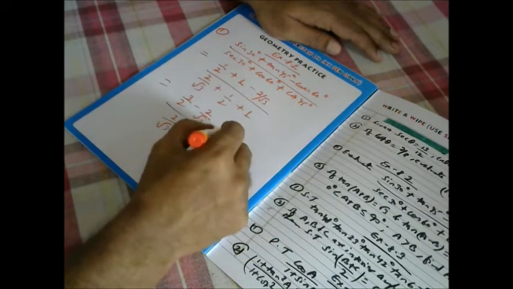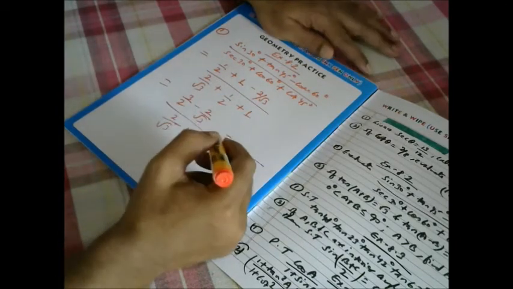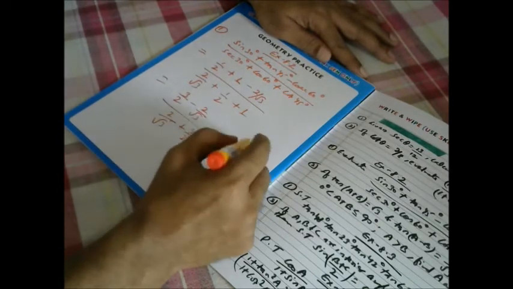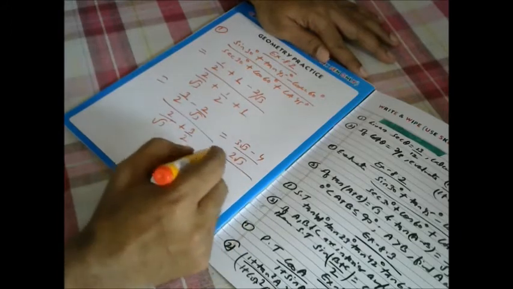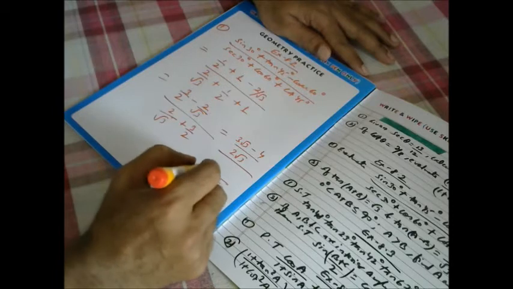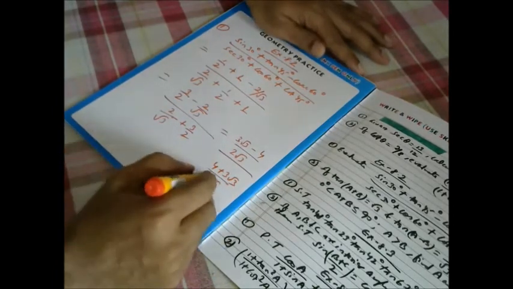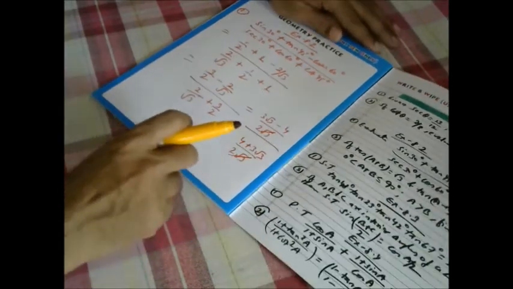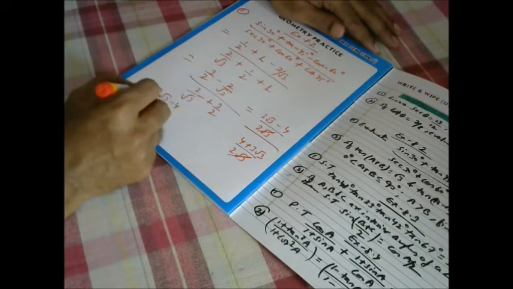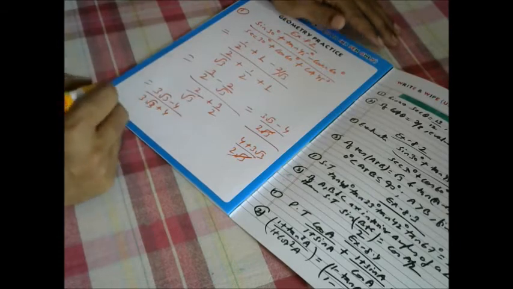Now from here we'll take LCM 2 root 3, so it will become 3 root 3 minus 4 divided by, similarly here 2 root 3, and it will become 4 plus 3 root 3. So 2 root 3 will get cancelled, and we will be left with 3 root 3 minus 4 divided by 3 root 3 plus 4.